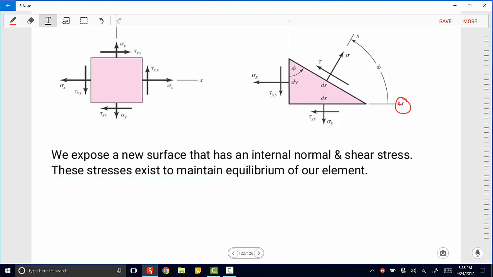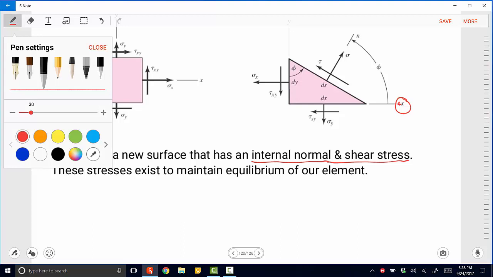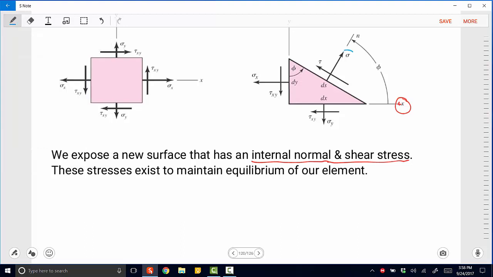So we must always remember that if we have some full part that we say is in equilibrium, then we can section and cut it into any pieces at any angle and always maintain equilibrium by exposing the internal normal and shear stresses or the internal normal and shear forces, right? And so we expose these normal and shear values, the normal sigma and shear values at that angle.